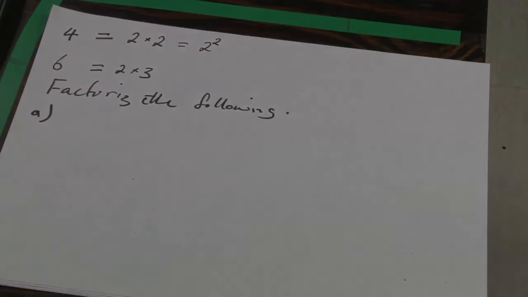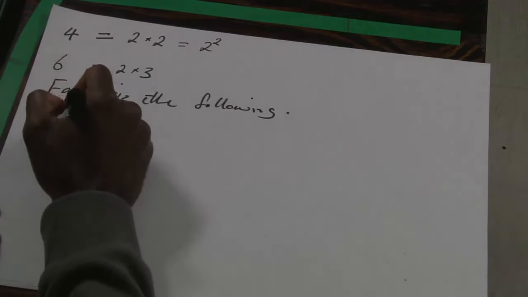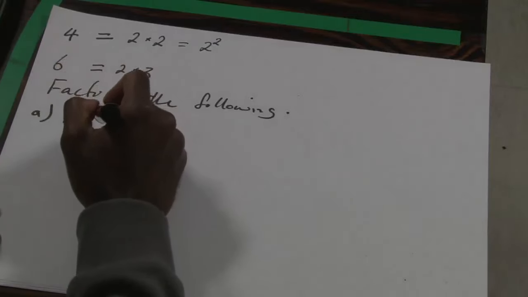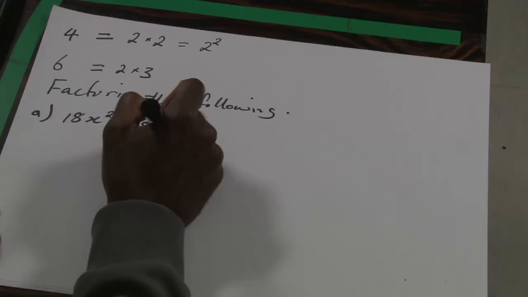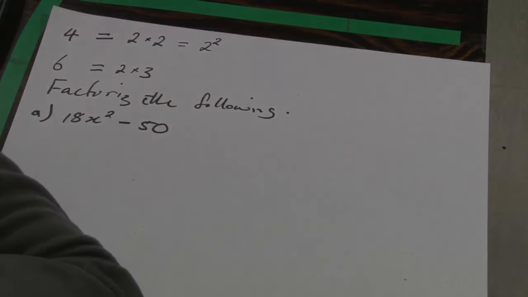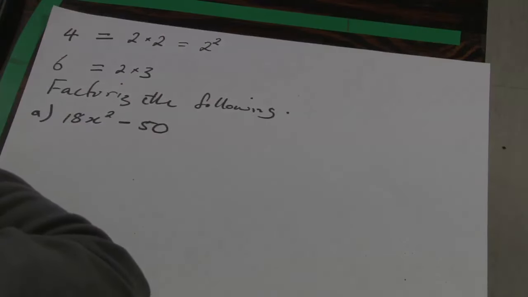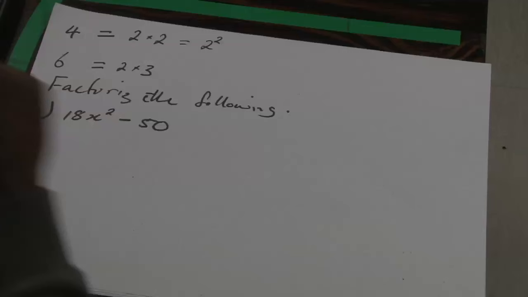In the first case, we have 18x squared minus 50. We want to write this as a product of the bits that we multiply to get back to this original one.